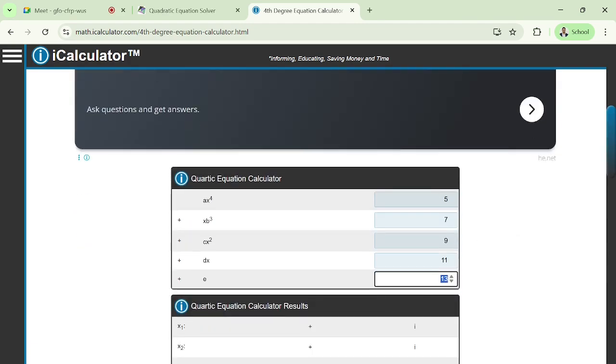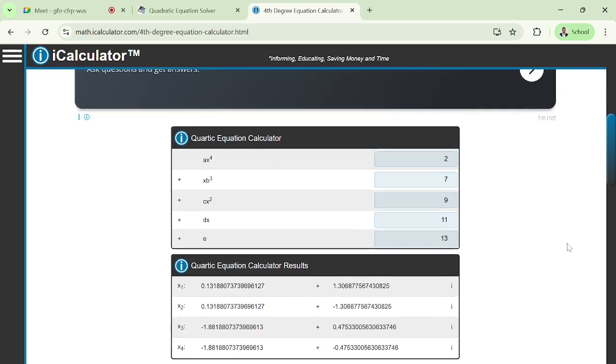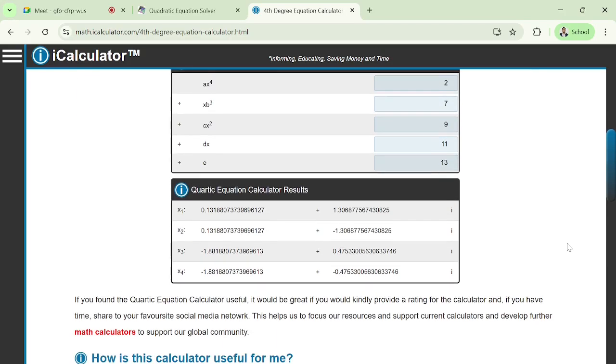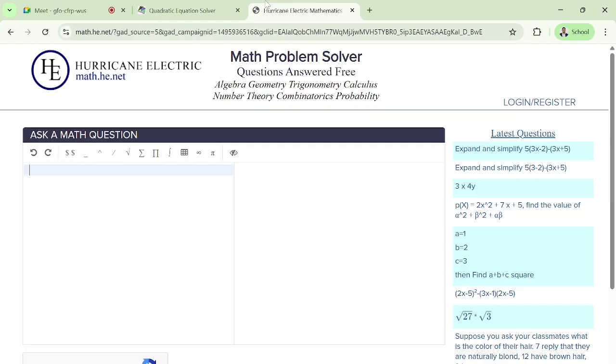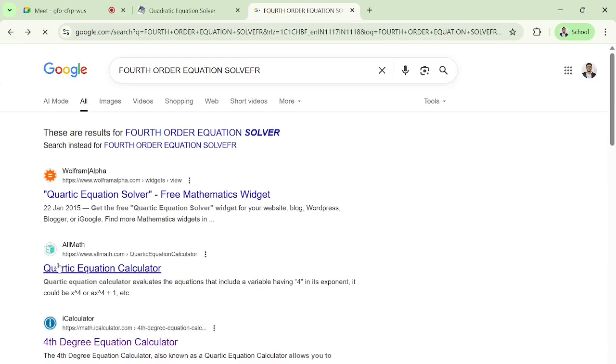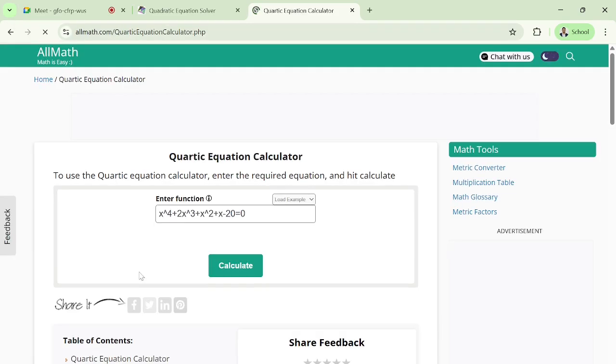Okay, I think simply I'll change and see how to compute. I don't know. Here, I don't think it is computing. No. What equation calculator? Yeah, here there's one.